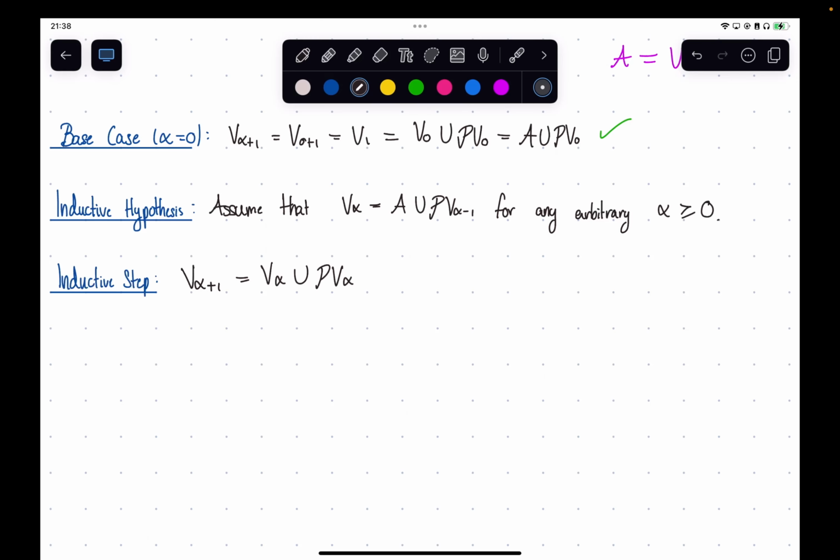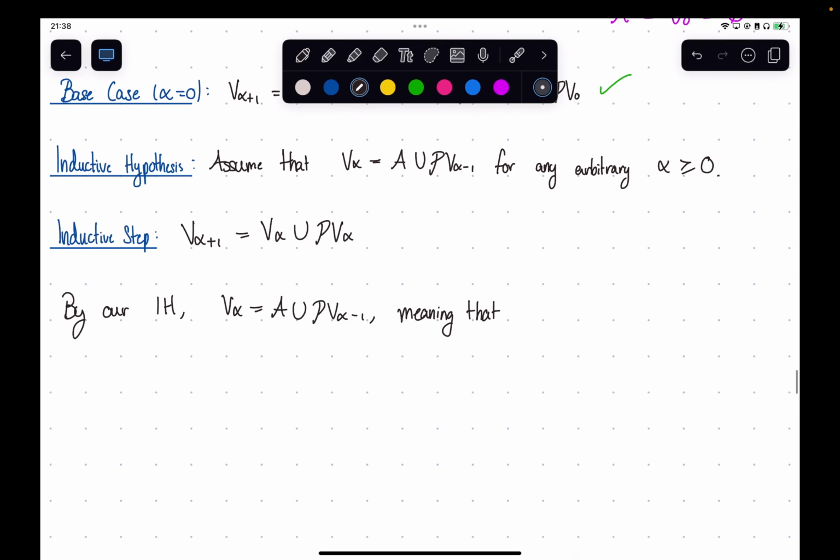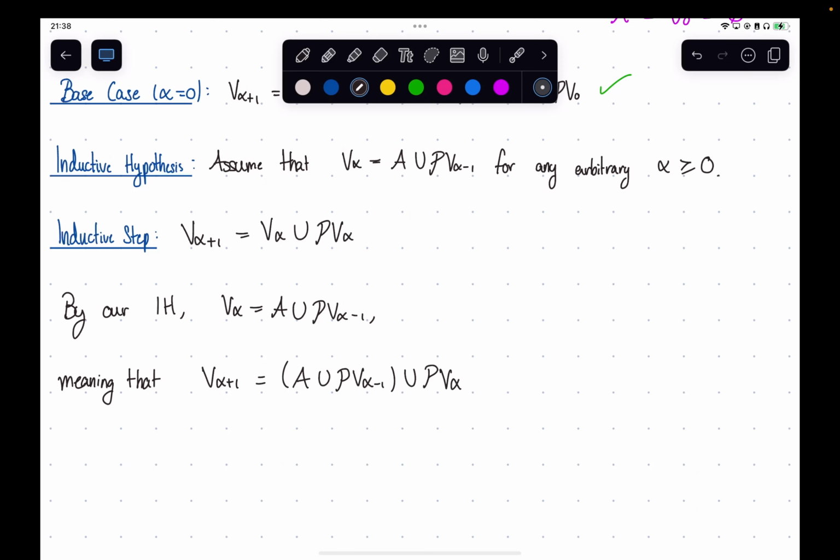And V sub alpha, by our inductive hypothesis, is equal to A union power set of V sub alpha minus 1, meaning that V sub alpha plus 1 is equal to A union power set V sub alpha minus 1 union power set V sub alpha.